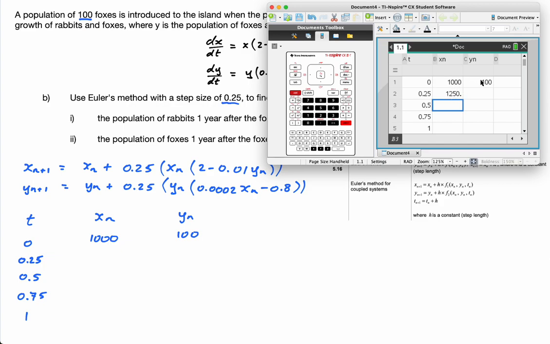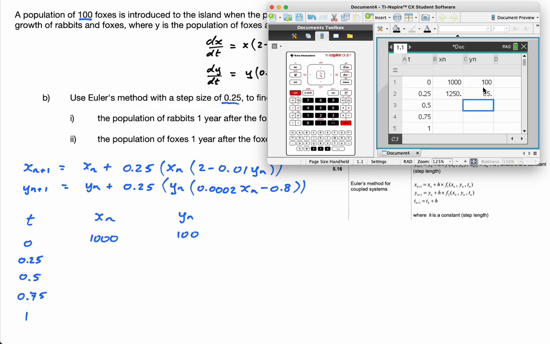1250. So even though 100 foxes were introduced, the population of rabbits is still increasing. Then for the next y, I again do equals. yn is going to be C1, so it's C1 plus 0.25 times C1 again, times brackets 0.0002 times B1 minus 0.8, close bracket, 85.